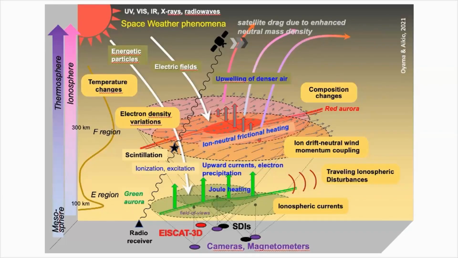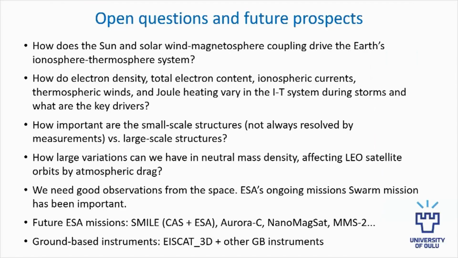And all in all, this ionosphere-thermosphere is a very complex region. Many kinds of processes are taking place there. And there, of course, are very many open questions. I just put here a few. So the first one is, how does the sun and the solar wind magnetosphere coupling drive this Earth's ionosphere-thermosphere system?